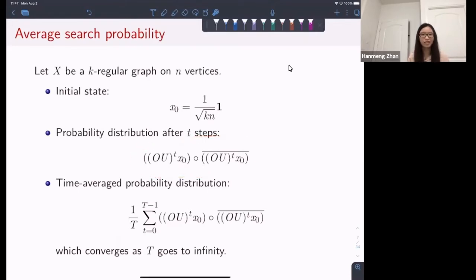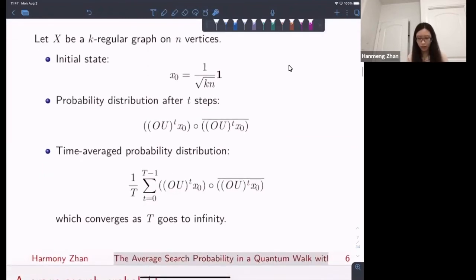But we are going to look at something different. Notice that this does not converge as t goes to infinity because this is a unitary matrix, so it preserves the distance between two consecutive steps. However, you can look at the average of this probability distribution over the first t time steps.